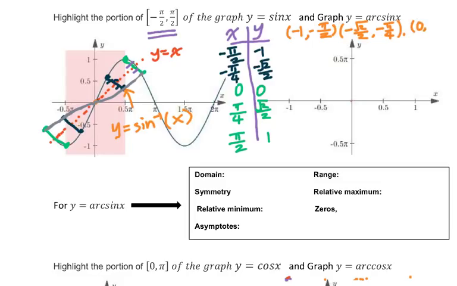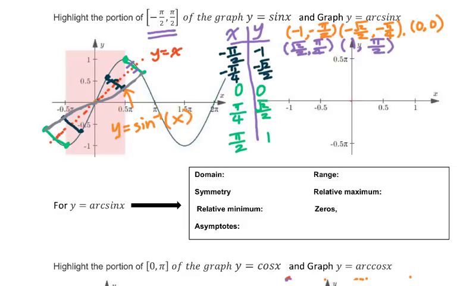Then 0, 0. Then square root of 2 over 2, pi over 4. Then 1 and pi over 2.